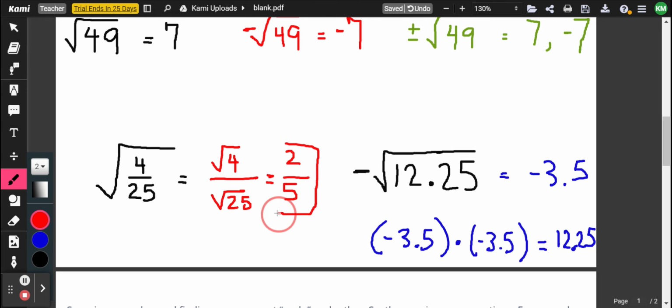So the square root of 4/25ths is 2/5. The problem on the right, we have the negative square root of 12.25, which gets me negative 3.5. Again, because if I square negative 3.5, I will get 12.25.